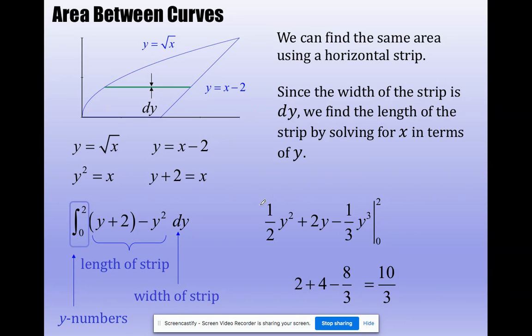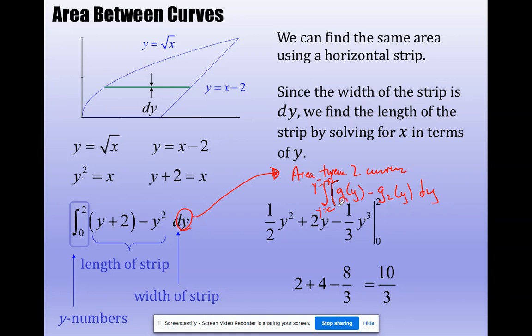So, the area, if you want to integrate dy, in general, is the integral of g in terms of y minus the second one in terms of y, dy and we'll call these C and D, but they're y numbers.